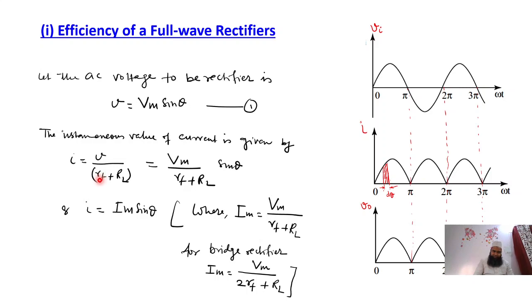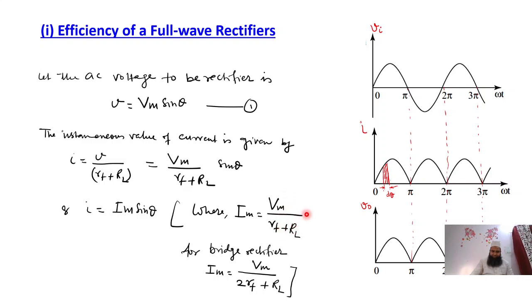Under forward bias condition, we can write i equal to Vm upon Rf plus RL times sin theta. This is taken as i equal to Im sin theta, where Im equal to Vm upon Rf plus RL.